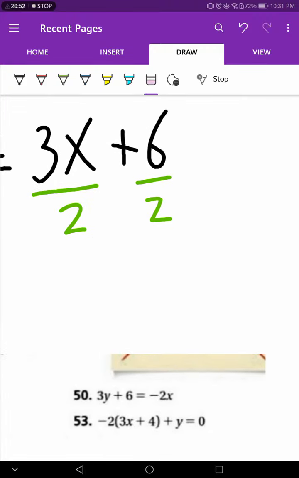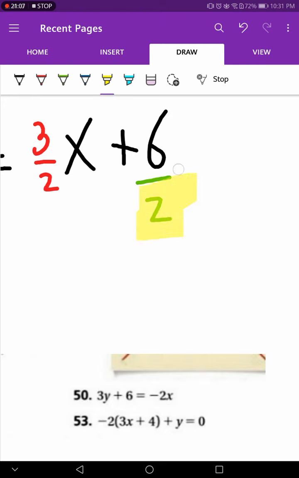I can keep it like this, or I can rewrite it in a nice way. It will be 3 over 2 x, the same. And you can find 6 over 2, which equals 3. Yes, 6 divided by 2 equals 3.